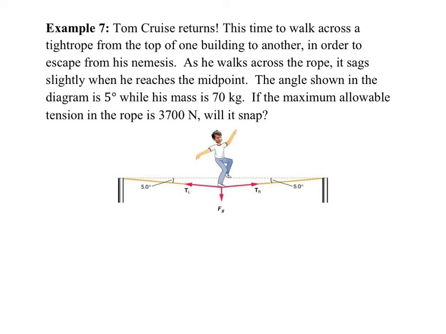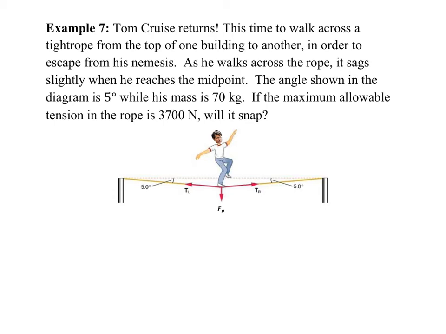It's good. Anyway, so Tom Cruise is walking across a tightrope. Imagine he's like Batman or something. He shot this thing across, it latches onto their building, and then he has to walk across it in his jeans for some reason. So he walks across this tightrope from the top of a building to another. He's escaping his nemesis.